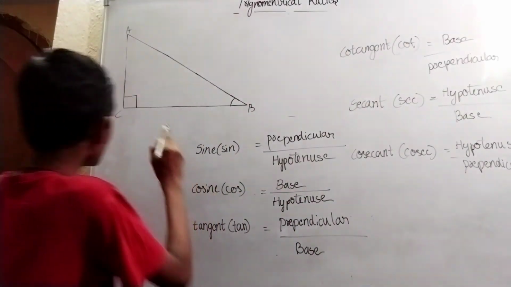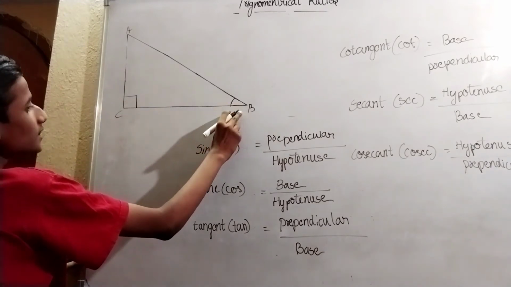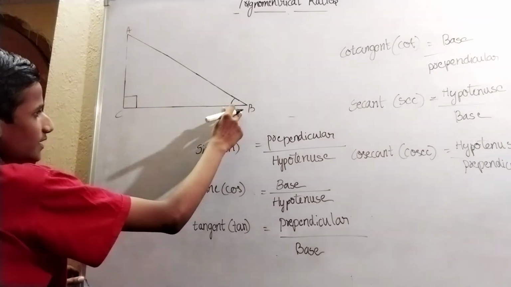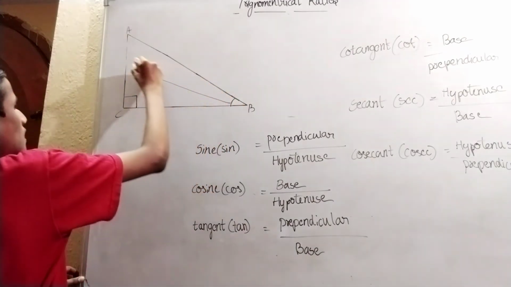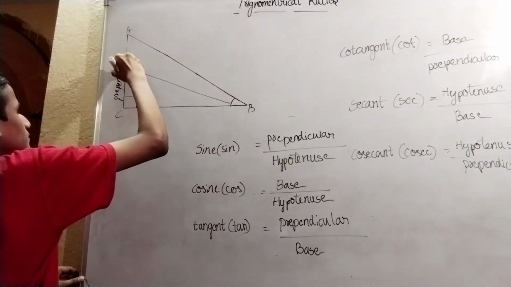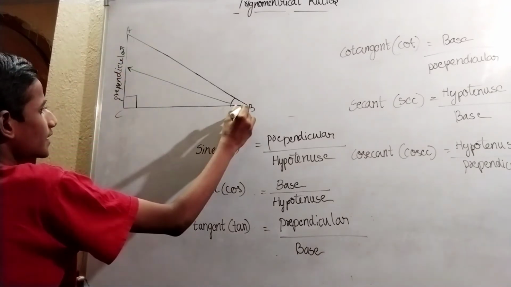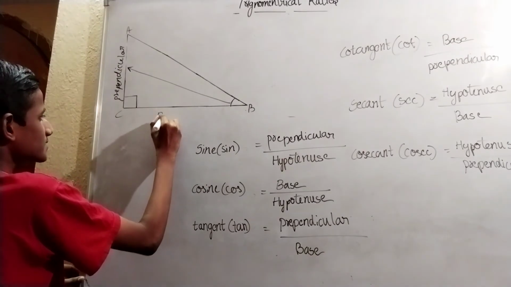So this is a right angle triangle. So we take here angle P as the angle of reference. Opposite to the angle P is perpendicular. And adjacent to it is the base.